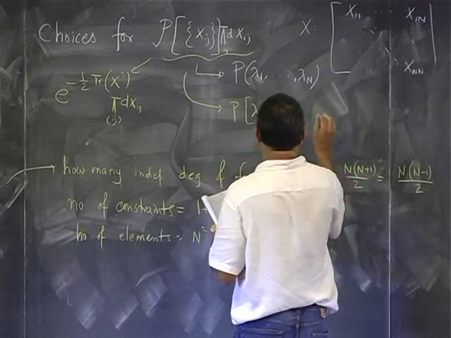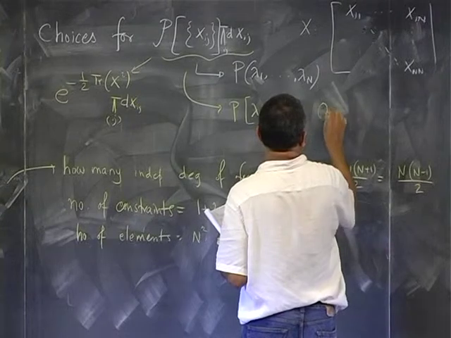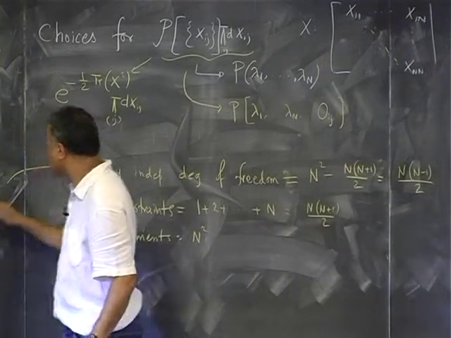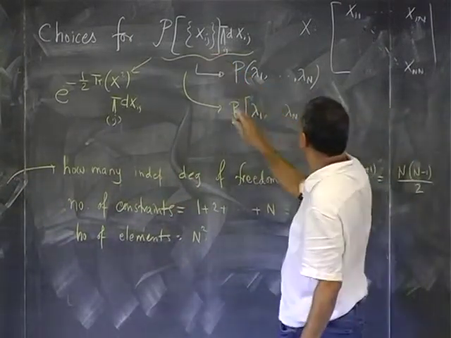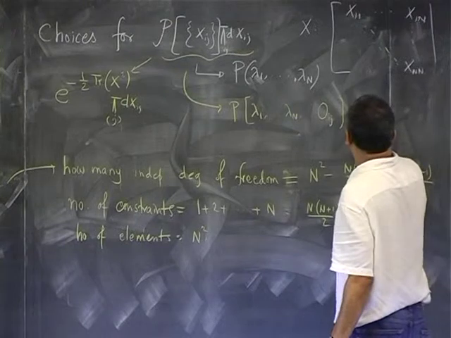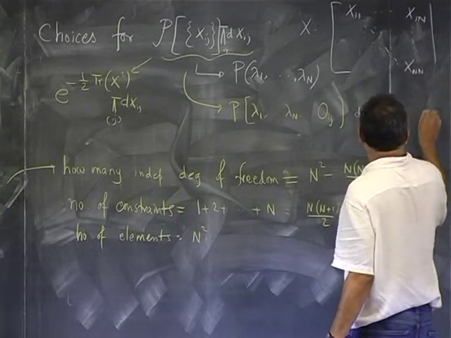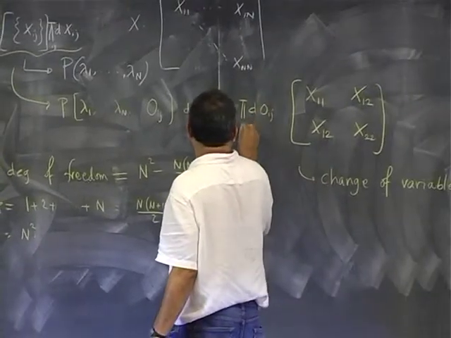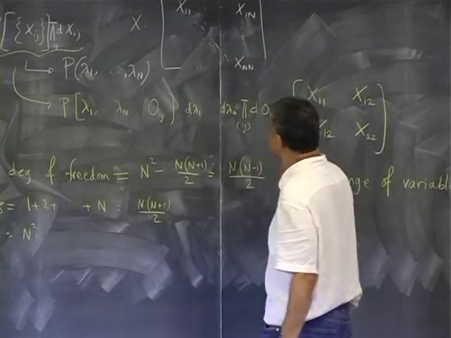I'm talking about a very general thing, and also the joint distribution of eigenvalues as well as the matrix elements of this O, the independent matrix elements. I'm just making a change of variable from the xi's to this, and here you will have d lambda 1 through d lambda n, and then you have this d of Oj, which are the independent ones. So when I write this Oj notation, I mean only the independent degrees of freedom.